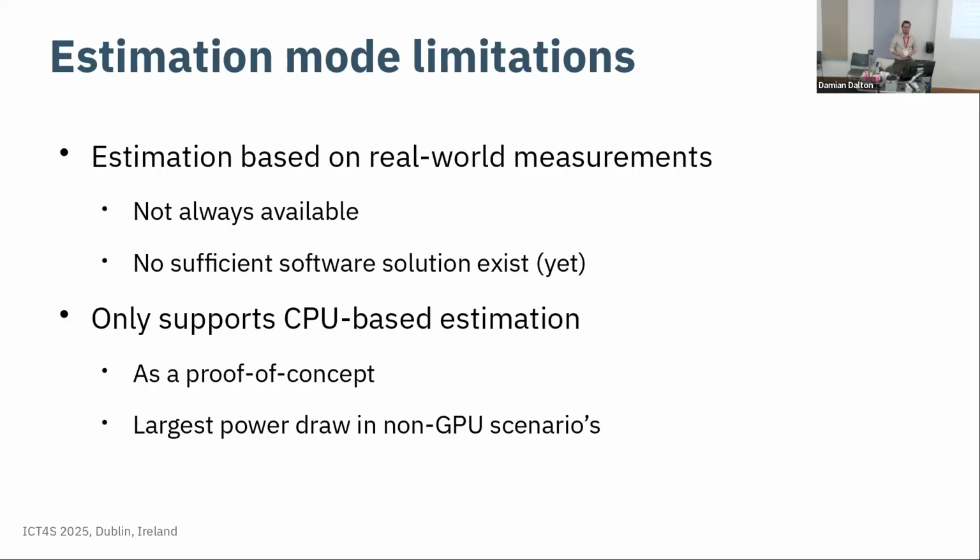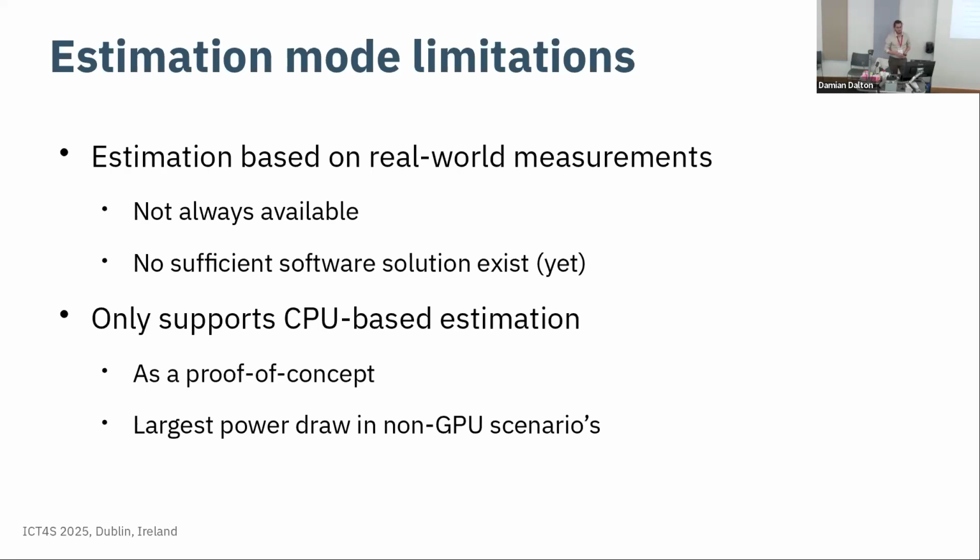You might not even be guaranteed a server to use all on your own. Unfortunately, during the research and also in previous work, we found that no sufficient software solution exists yet. It's really at this point not possible to get metrics from the CPU and the operating system and estimate how much power we are actually using with any sort of accuracy.